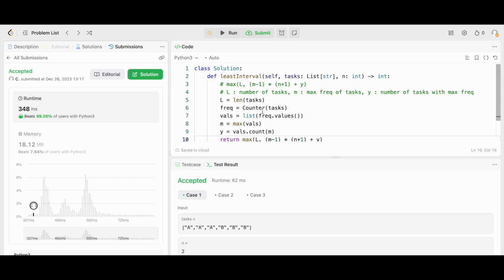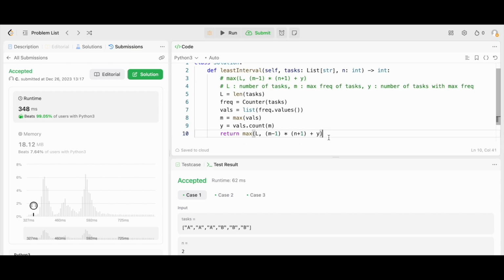So the runtime for this solution: to calculate the frequency of each and every one of the tasks, we just need to go through the whole tasks array.